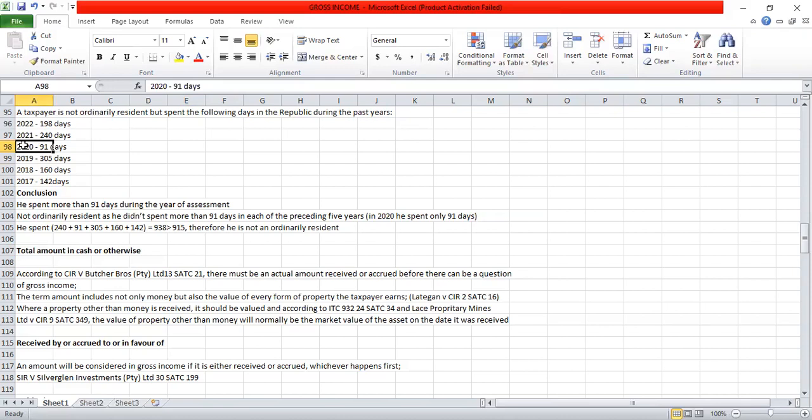Yes. So that means 2020 became a problem here. As long as in any of these 6 years, that is this year and the previous 5 years, if you had a year that is 91 or less, that means you are not a resident, according to the physical presence test. Thank you.